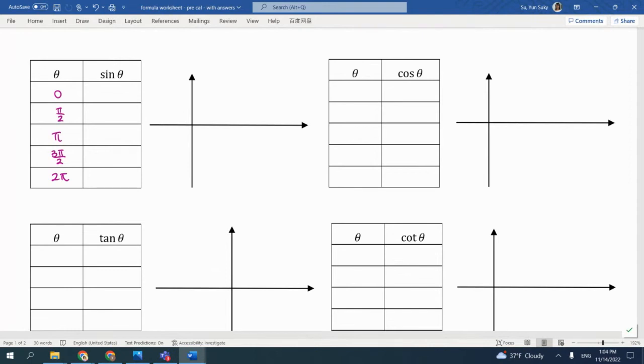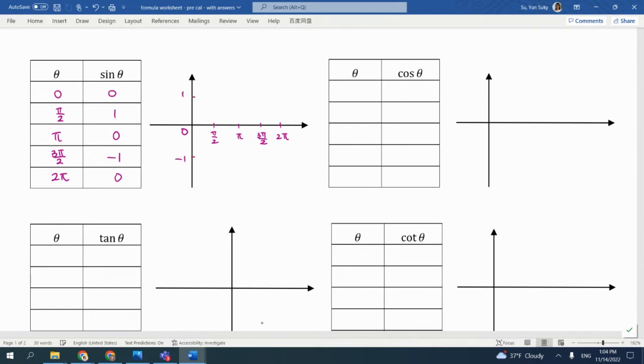Your sine starts at the origin, right, everybody? So it's 0 and then 1, 0, -1, and 0.